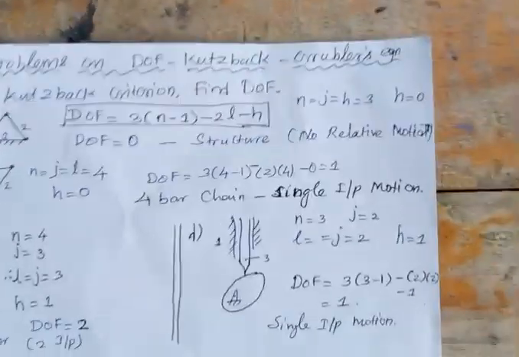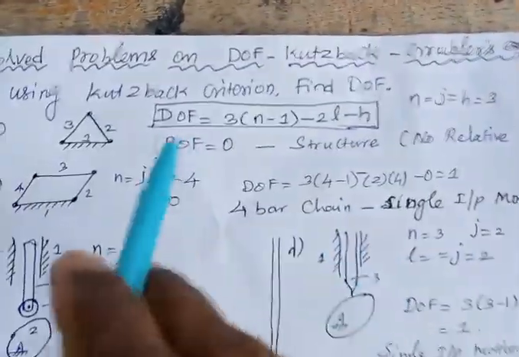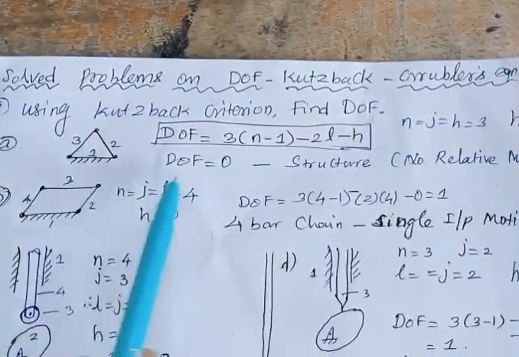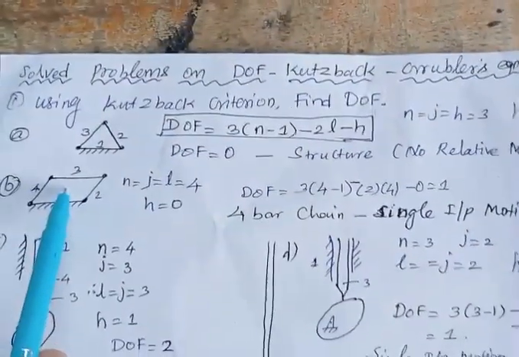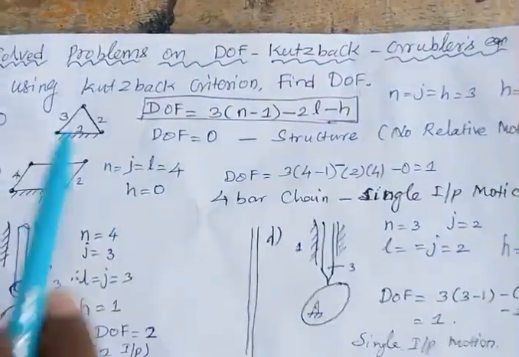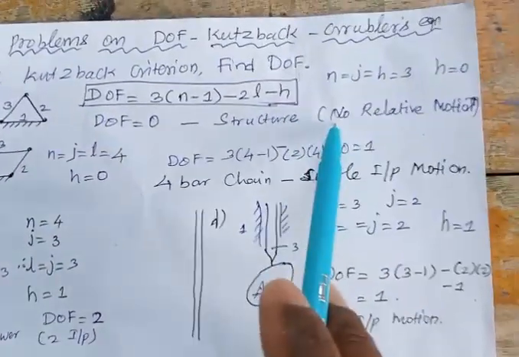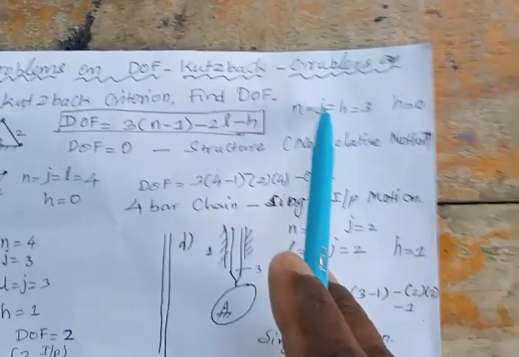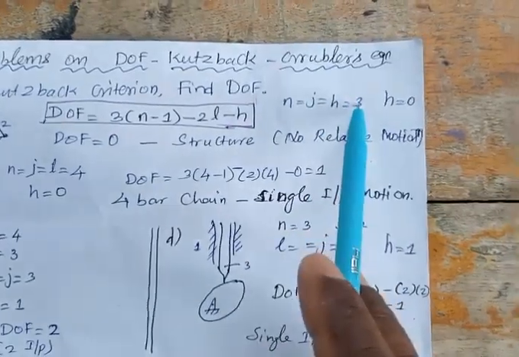Now we go for problems. Solved problems on degrees of freedom using the Kutzbach and Grubler equations. Problem number 1: using the Kutzbach criterion, find the degrees of freedom. In problem A, we have a 3-link structure. Here n is the number of links, j is the number of lower pairs or binary joints, and h is the higher pair.